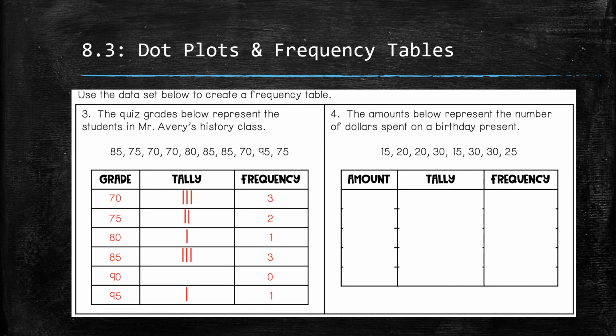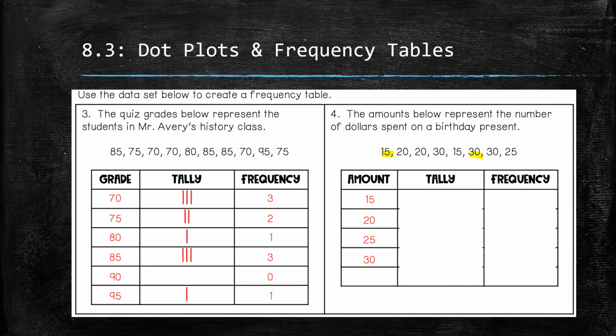Welcome back. The amount below represents the number of dollars spent on a birthday present. So we're going to go ahead and calculate those. I have 15 is my lowest and 30 is my highest. And again, they're in intervals of 5. So I'm going to go ahead and write that: 15, 20, 25, and 30.